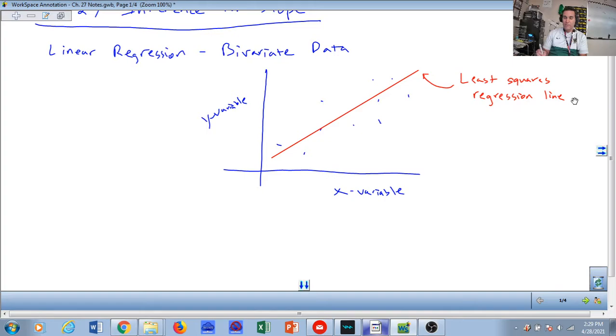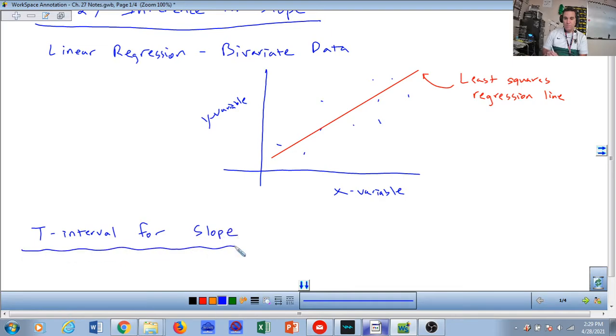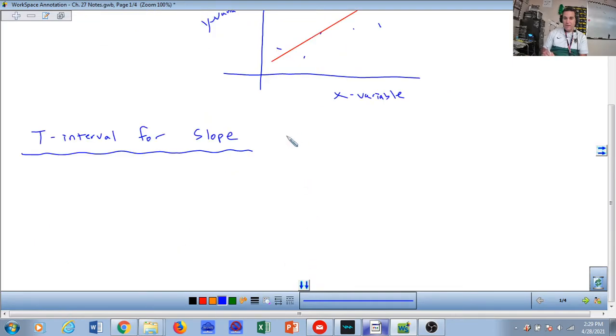So for the confidence interval for slope, it's called a t-interval for slope. Beta represents the true slope of the population, right? We don't know what that is. All we know is the slope of our sample and our linear regression line.